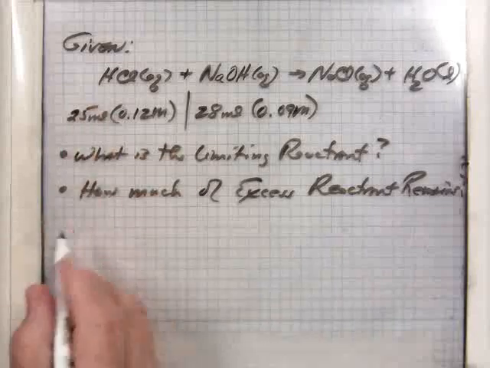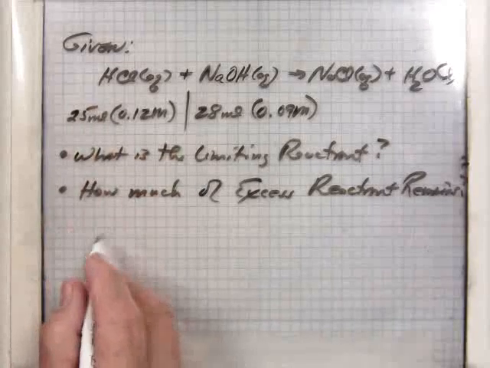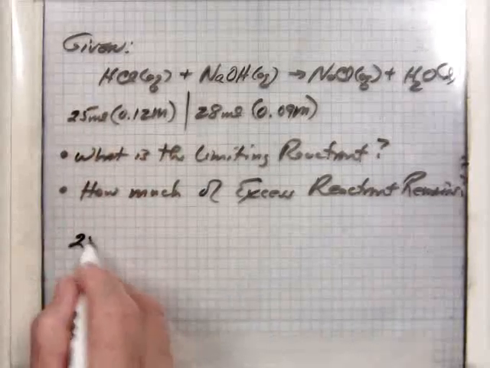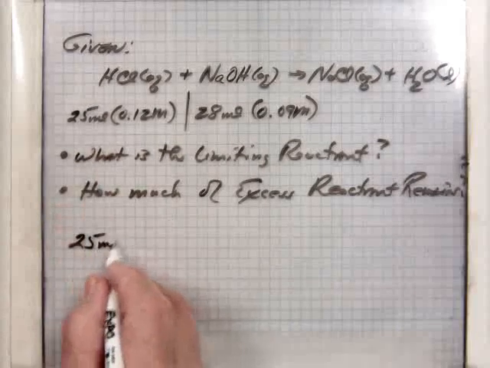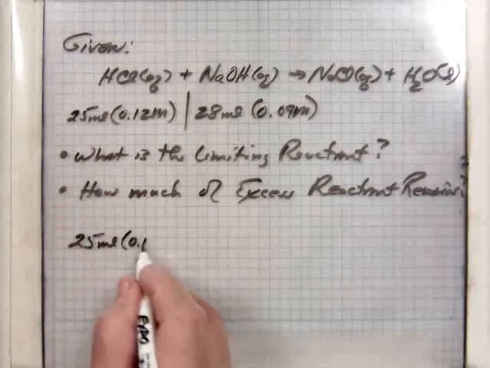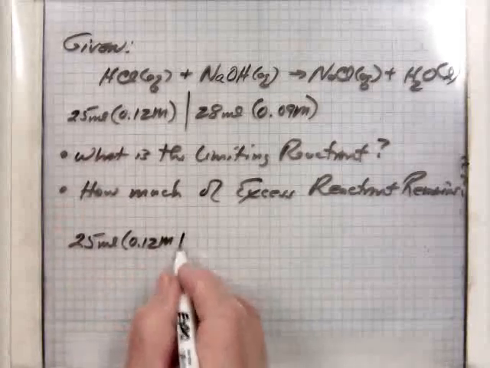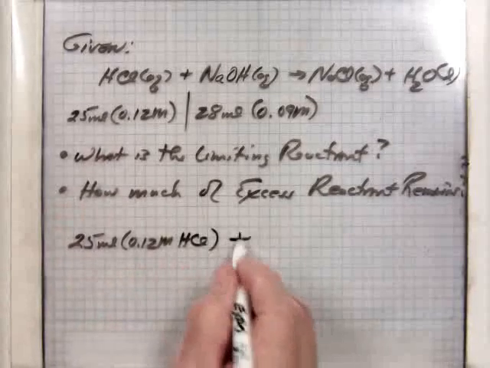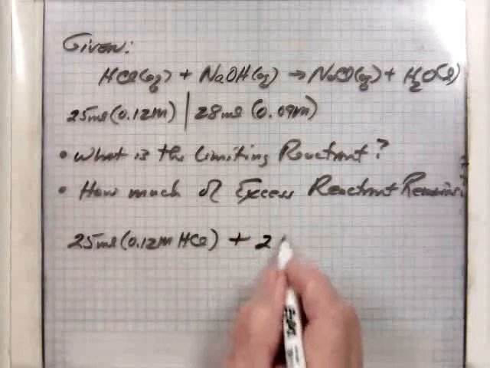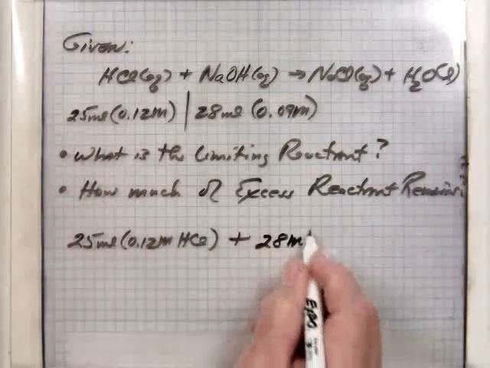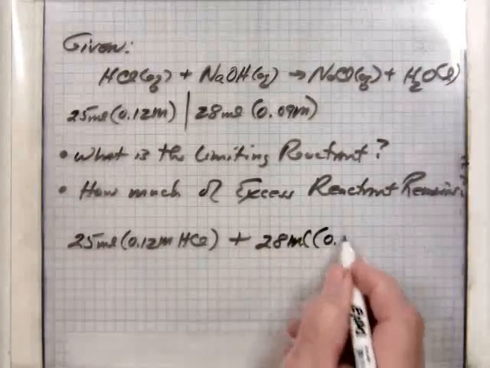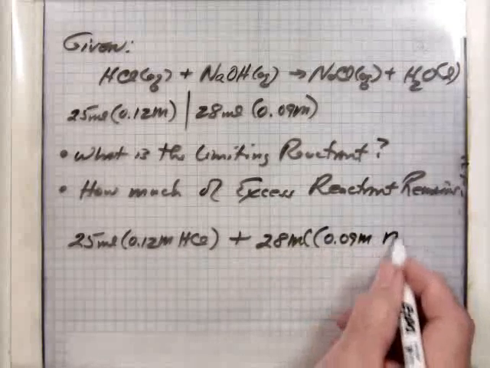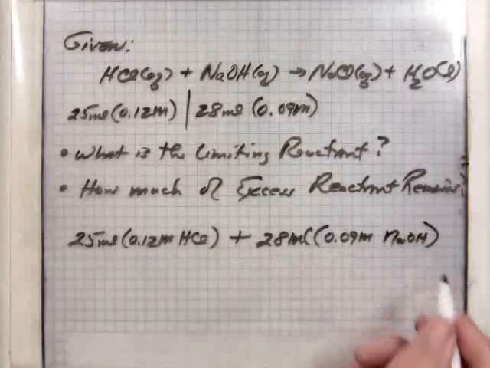So what I'm going to do here is simply write down the given: 25 milliliters of 0.12 molar HCl plus the 28 milliliters of 0.09 molar sodium hydroxide, like that.